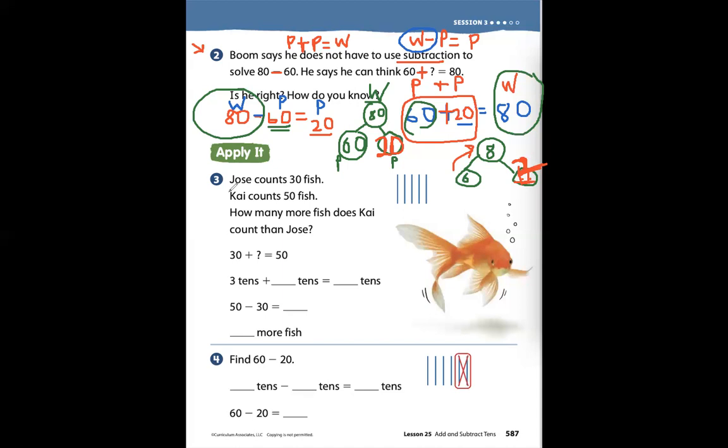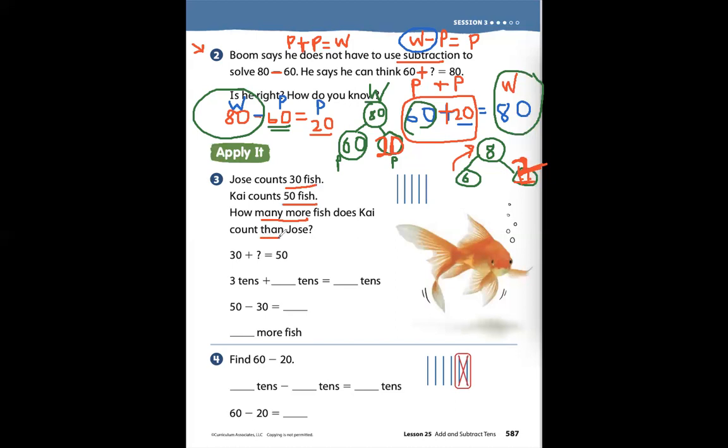Problem number 3. Jose counts 30 fish. Kai counts 50 fish. How many more fish does Kai count than Jose? How many more than?